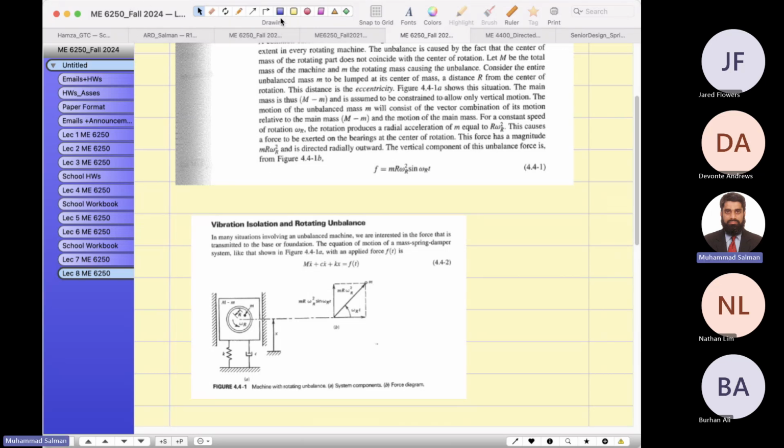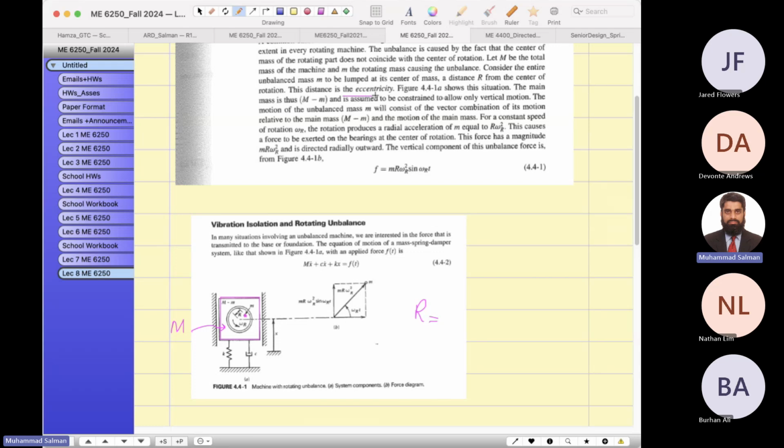You see, it's just like the washer here, which has a mass M. The mass of the washer is big M, and the mass of the rotating drum is small m. This mass has a radius, which we call the eccentricity.